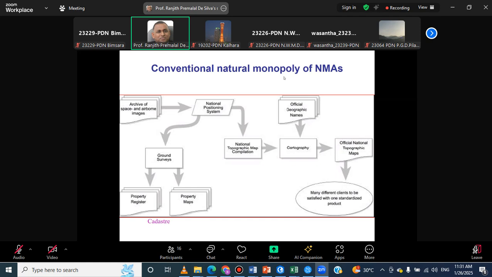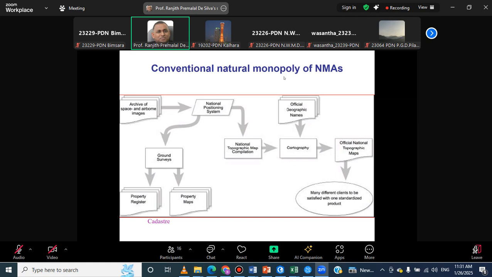From this data they conduct ground surveys, and from ground surveys develop property registers and property maps. These combined we call cadastral information, the cadastre. They maintain the cadastral inventory from this ground survey data of properties and produce property maps.